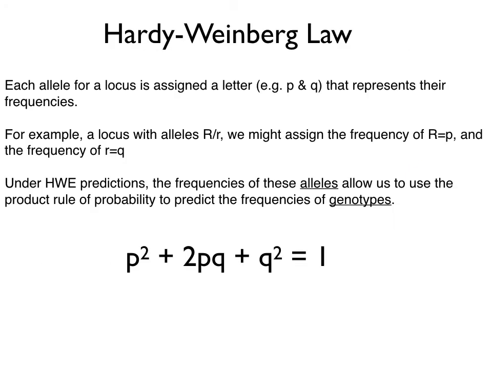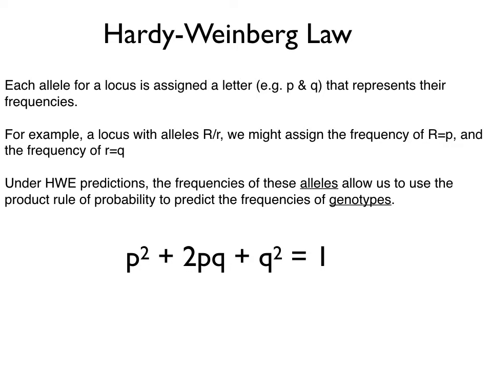So this is where we revisit something that you've seen before, the Hardy-Weinberg law, in which we take each allele for a locus and assign it some letter that represents its frequency. You've most frequently seen p and q, and so that's what we're going to use.